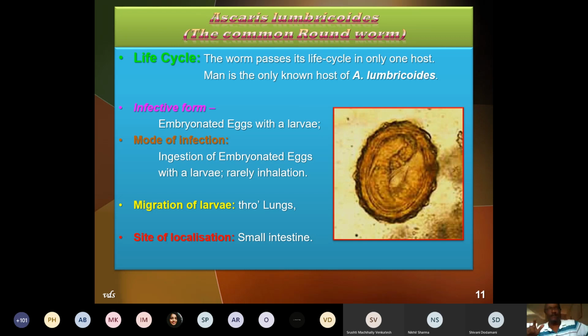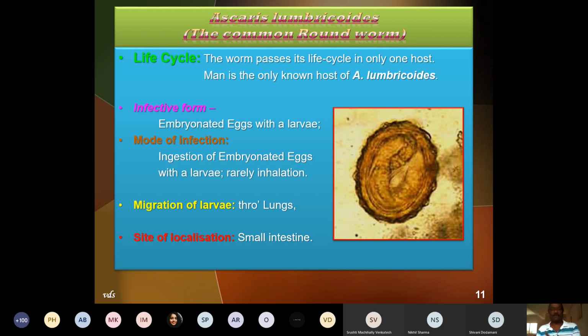And when such an egg is ingested, the outer shell of the egg is destroyed by digestive enzymes, and the larva is liberated in the duodenum. Okay. Now this larva, which is released in the duodenum, penetrates the intestinal wall and is then carried through the blood circulation to different internal organs.